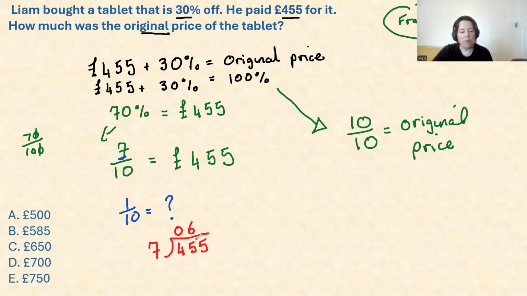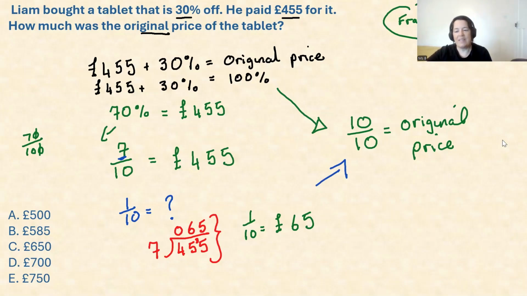And what is left over? 3 is left over. 7 into 35 goes 5 times. So this tells us that 1/10 equals £65.